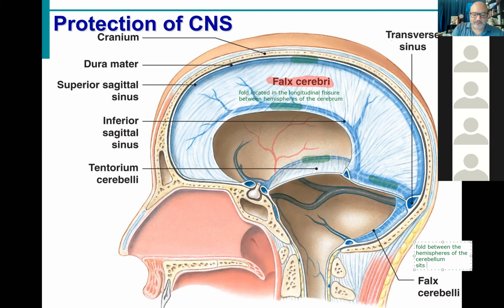It sits on top of the vermis. Remember, the vermis sticks out. It doesn't fold in. So it's a much, much smaller fold, but this smaller fold is still going to get a name. And this smaller fold is known as the falx cerebelli. So falx cerebelli is between the hemispheres of the cerebellum, and the falx cerebri is between the hemispheres of the cerebrum.